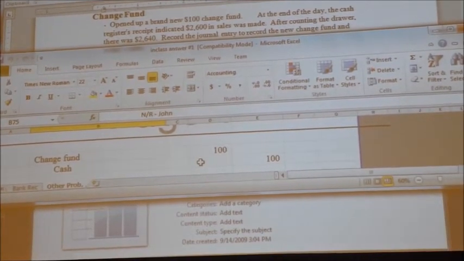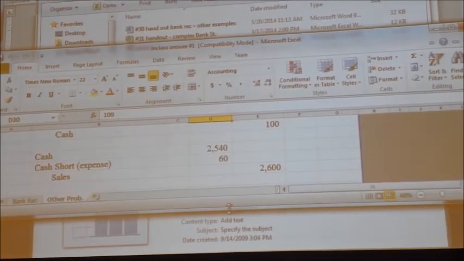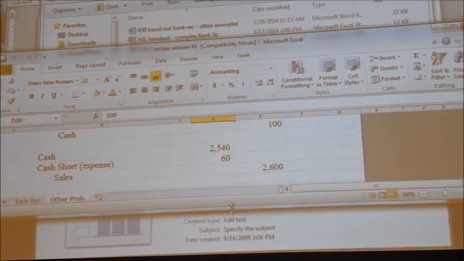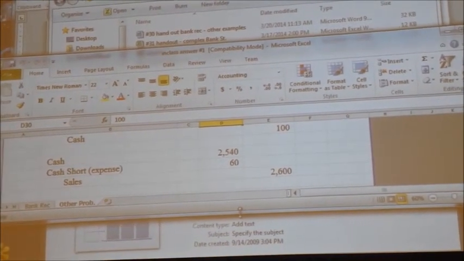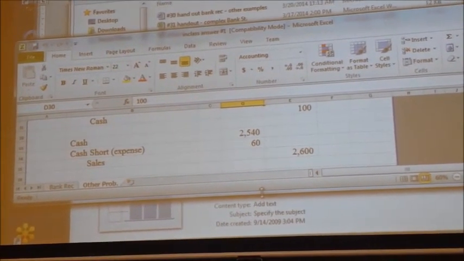Yeah, $25.40. Very good. Because that first $100 was my initial seed money to get it started. So I only received $25.40, not $26.40.